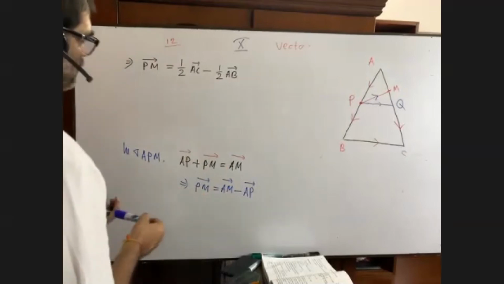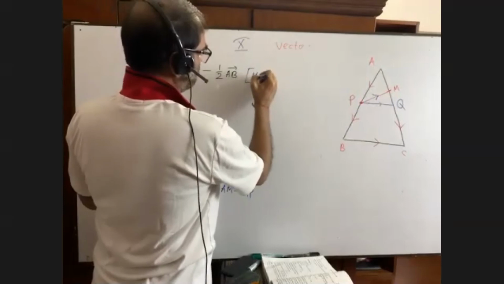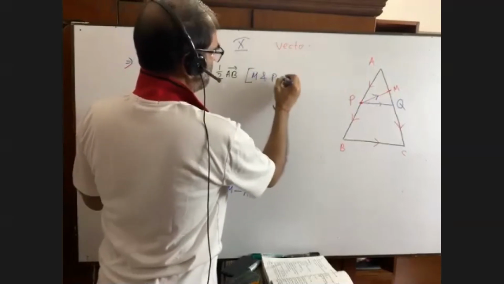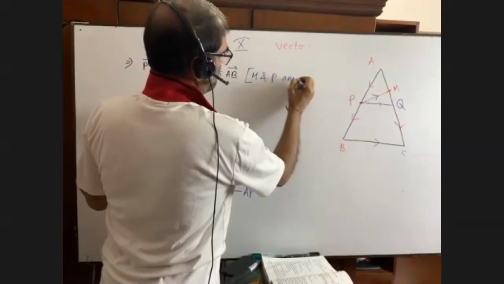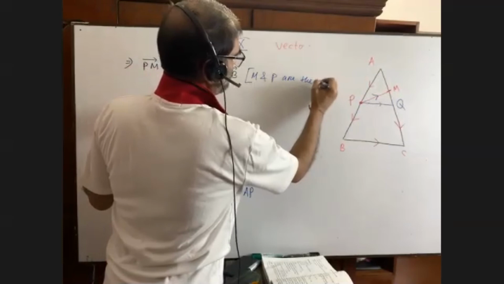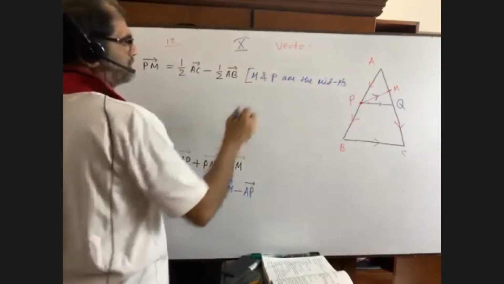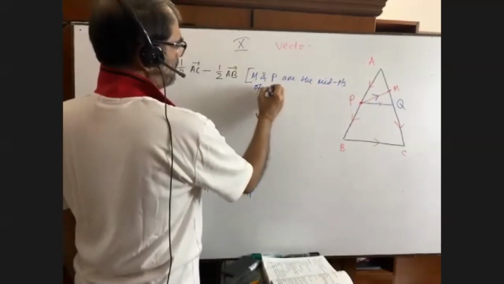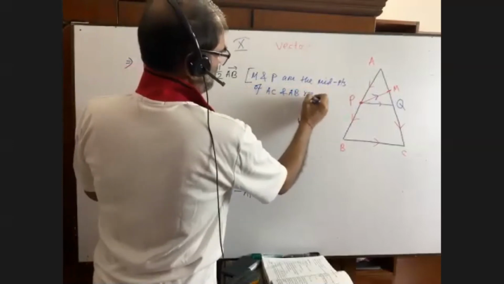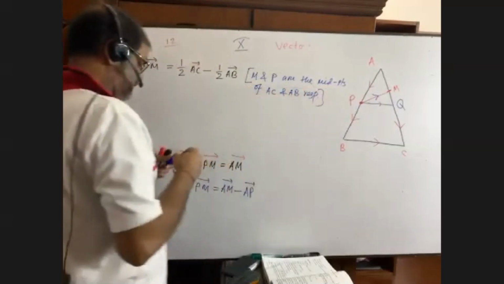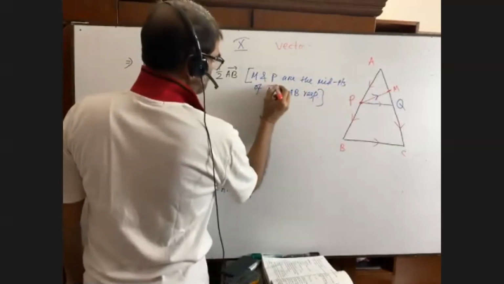So what is the side note that can be given here? Write down: M and P are the midpoints of AC and AB respectively. I think all of you have got me.